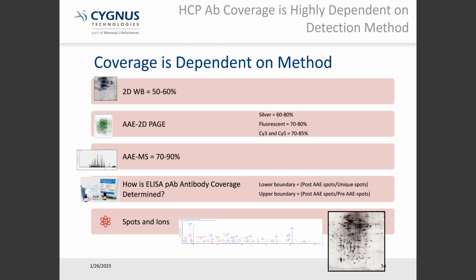So coverage is dependent on the method, and we strongly encourage you to use the best method that you can for coverage analysis. That's typically AAE with silver stain, but the best is AAE Mass Spec. It removes all the limitations of all the gel-based methods.